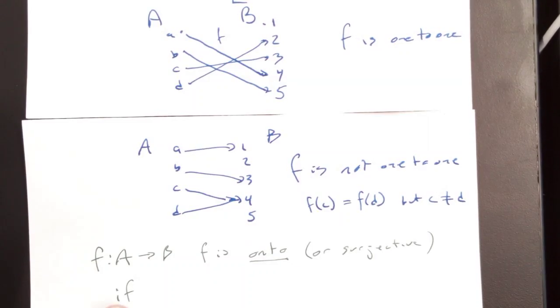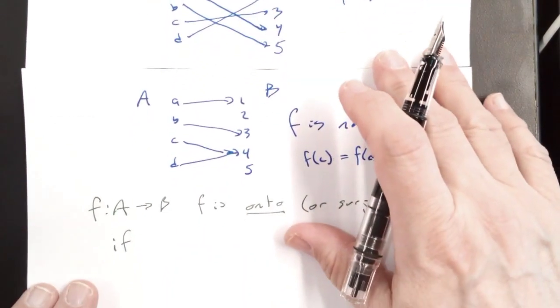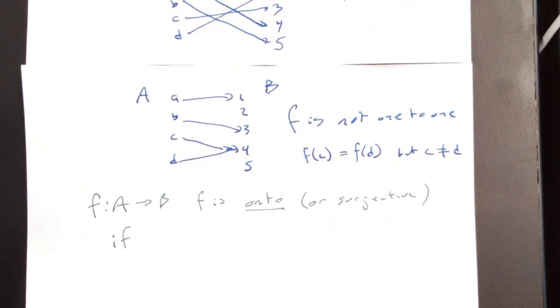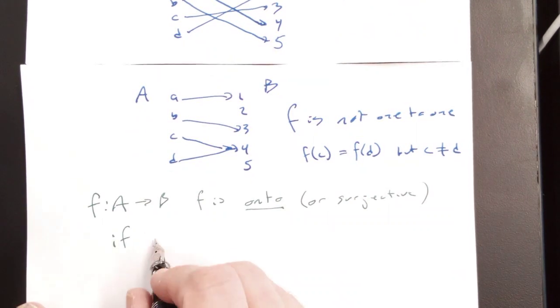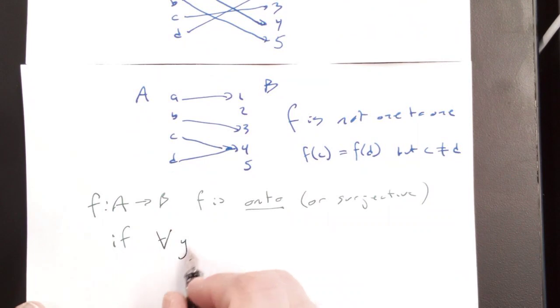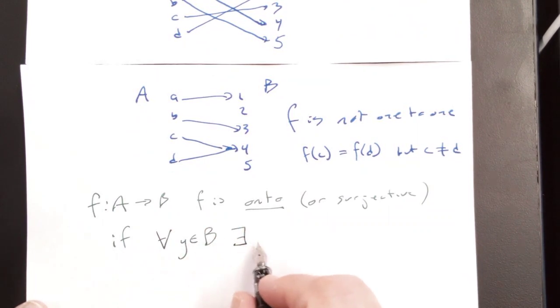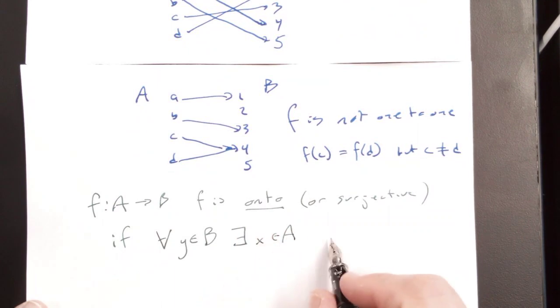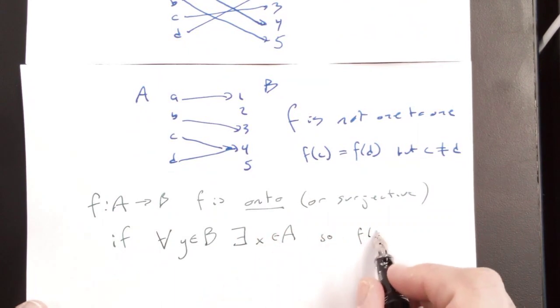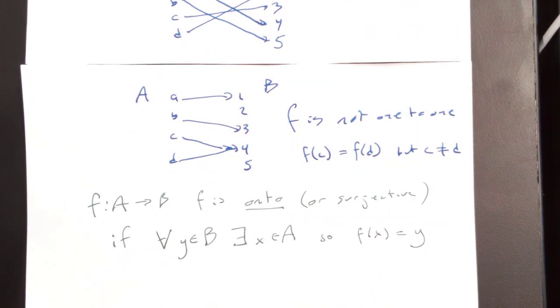Okay, so how would I say this in that sort of conditional statement that we did earlier? For anything in the range, there is an element in the domain so that we hit it. If you look at the picture right above this, that function is not onto.